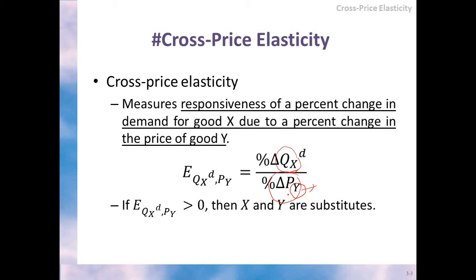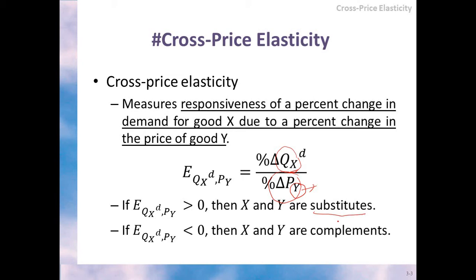Recall what we learned in chapter 2. We have substitute goods, and complementary goods. For own price elasticity, the elasticity value will always be negative, and we ignore the negative sign. For cross price elasticity, we have to take the sign into account.